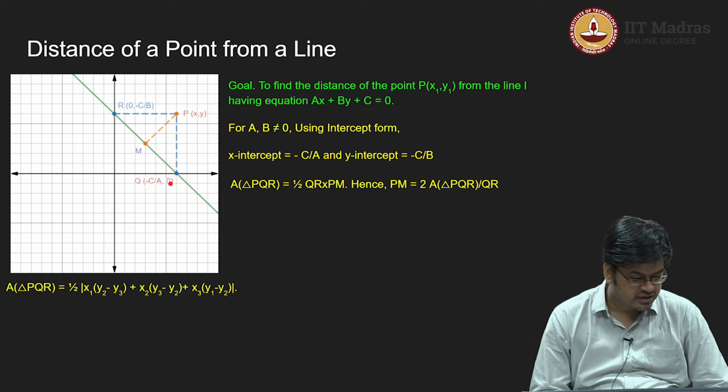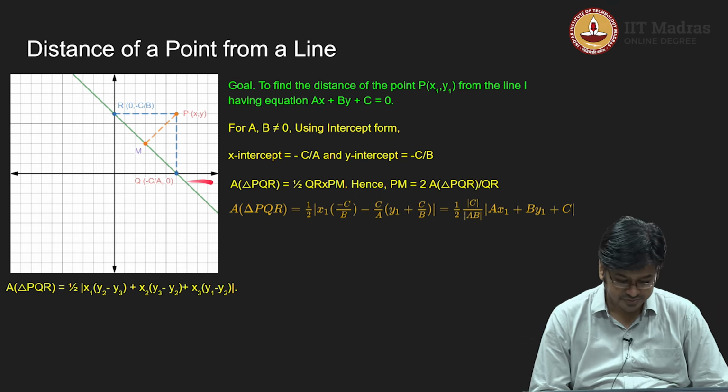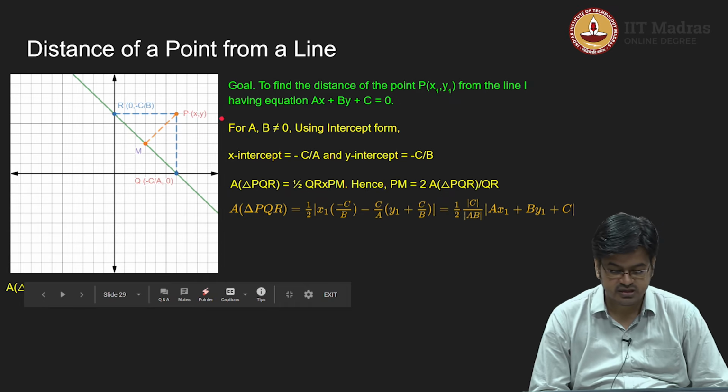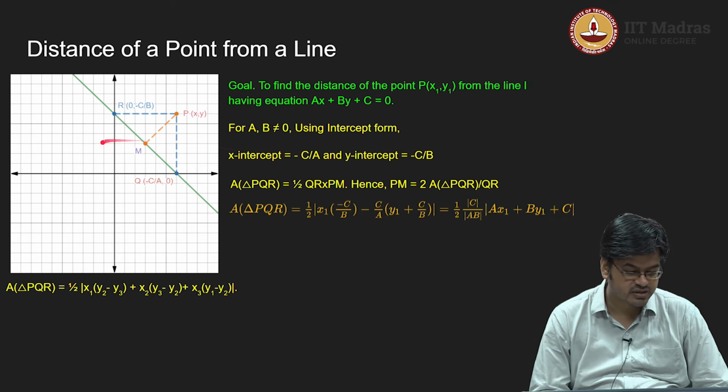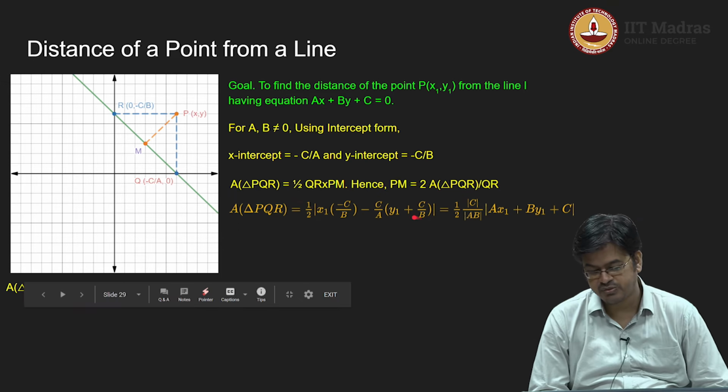So, you will get x1 into minus c by b minus 0, then the next term, that is x2, x2 here is 0. So, this entire thing vanishes. Then you go to x3. What is x3? x3 is minus c by a into y1 minus minus c by b. So, y1 plus c by b.